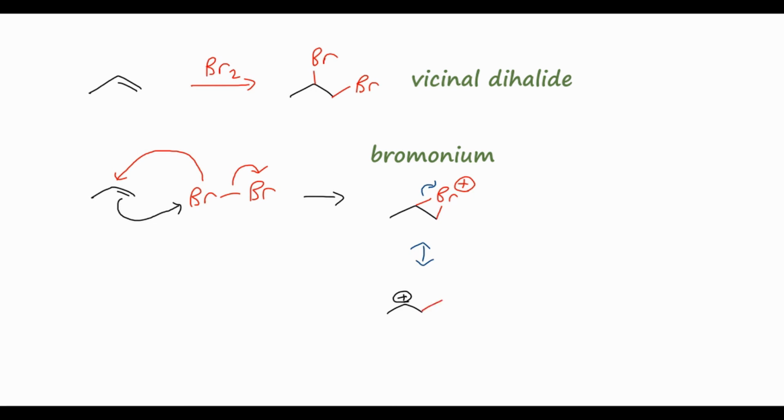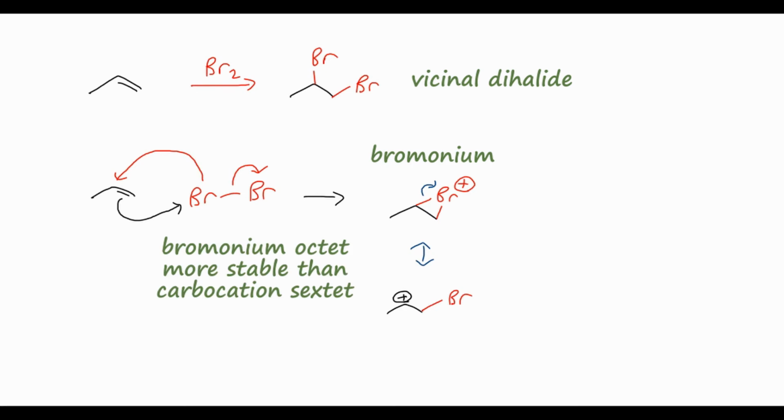So although the carbocation might be more familiar to you, because the bromine is such a large atom, it can actually accommodate this three-membered ring and those multiple bonds. So because the carbocation is a sextet and the bromonium ion is an octet, the octet will actually be more stable, and the bromonium ring will probably be the most stable resonance contributor.